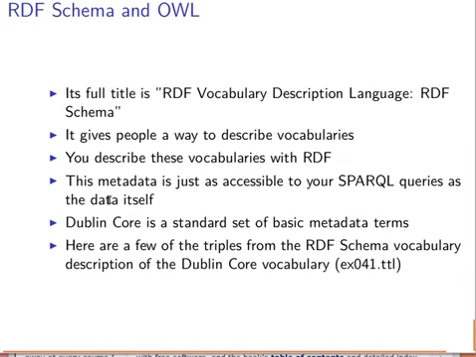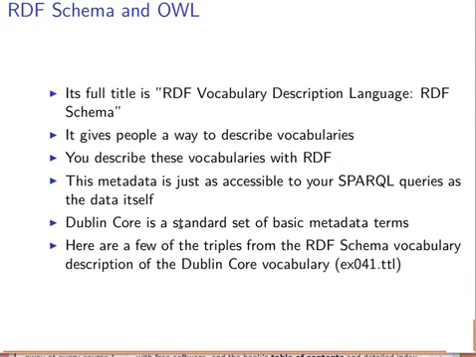Now, we have, for example, a very famous one called Dublin Core. It's a standard set of basic metadata terms. So the Dublin Core, we usually use it as in our... You must have seen it, by the way, in one of the turtle files provided by the book. We use the DC prefix for Dublin Core.